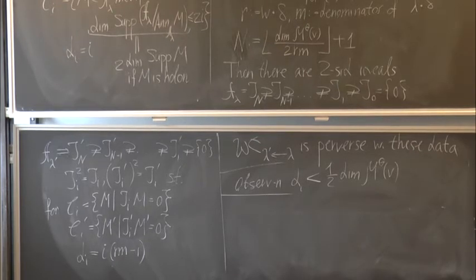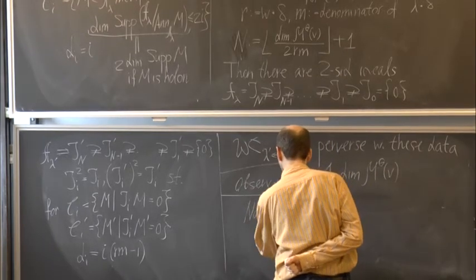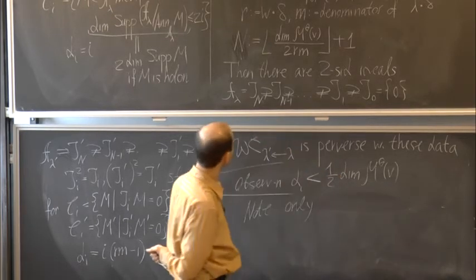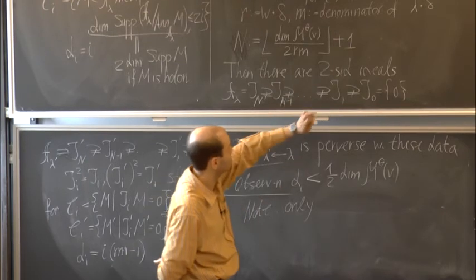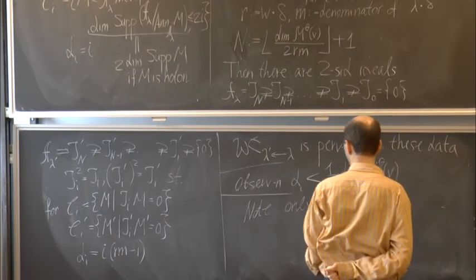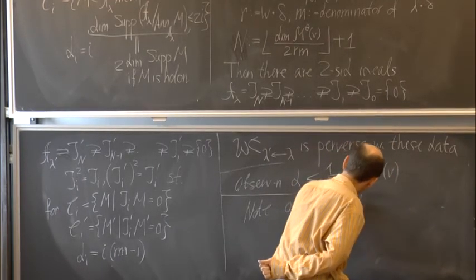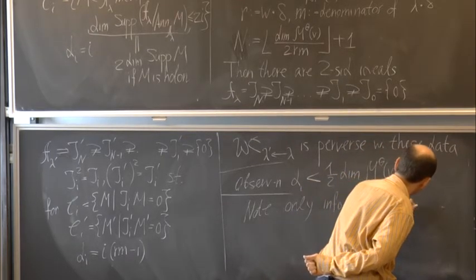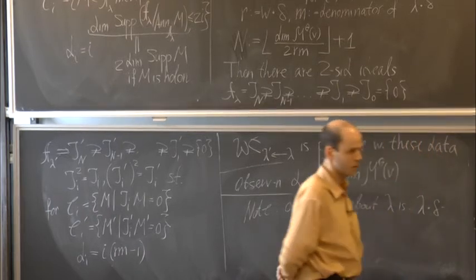So first of all, note that the only part of information about lambda that I need to know in this theorem, in all the numerics, is lambda dot delta. The only information about lambda is the value of lambda delta.